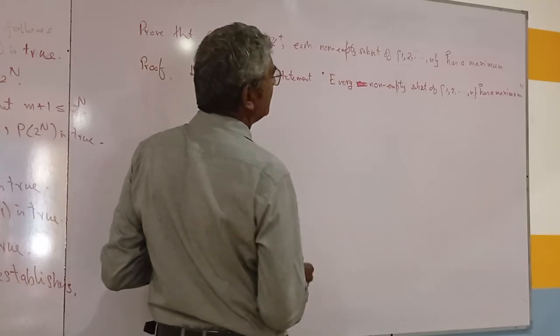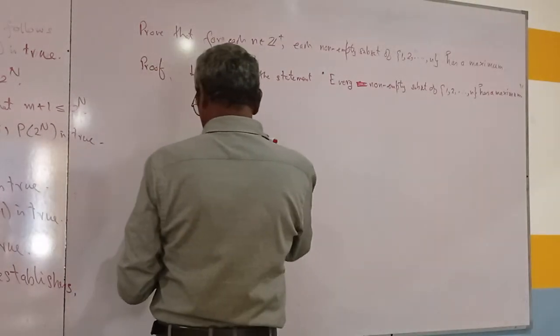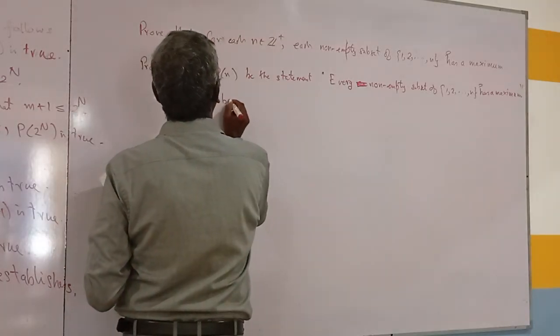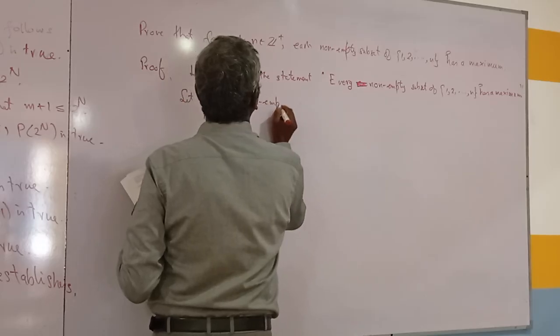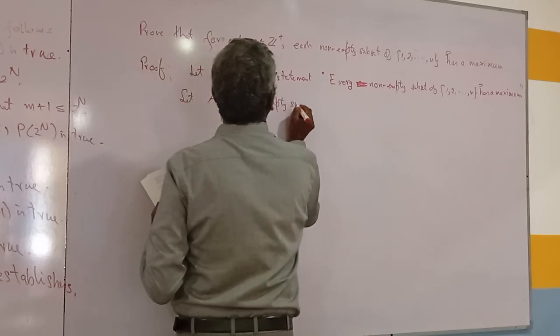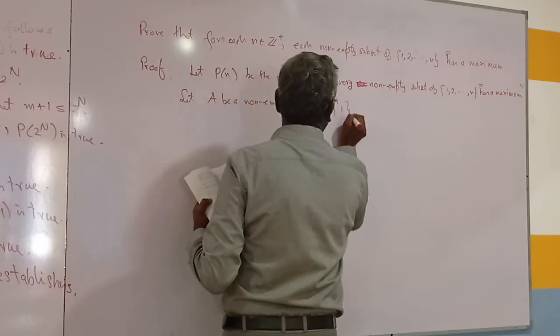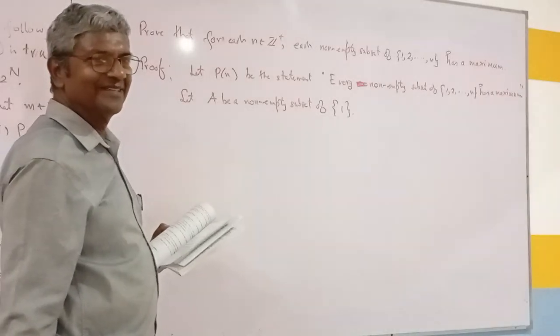So first we have to prove P1. Let capital A be a non-empty subset of the singleton 1. If A is a non-empty subset of singleton 1, A must be 1.